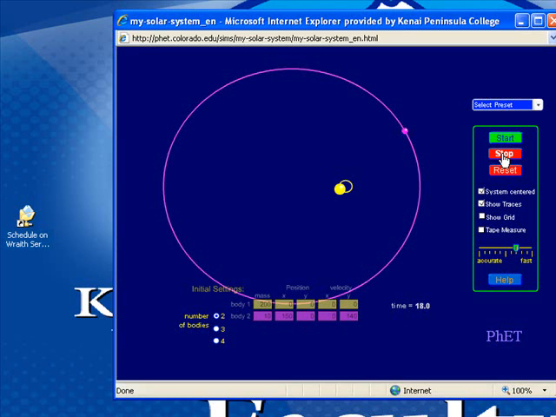Why does the Sun describe an orbit as well? Well, because the two attract each other gravitationally. It's not just that one is going to orbit around the other, but the second one is also going to orbit around the first one. So both describe an orbit because of the gravitational attraction between the two. Why is the Sun's orbit smaller? Well, because the Sun has a much higher mass than that of the pink Earth in this case.